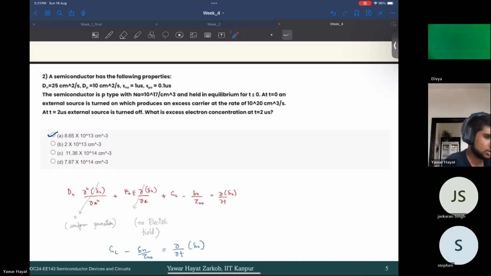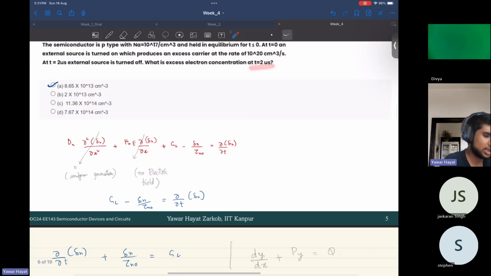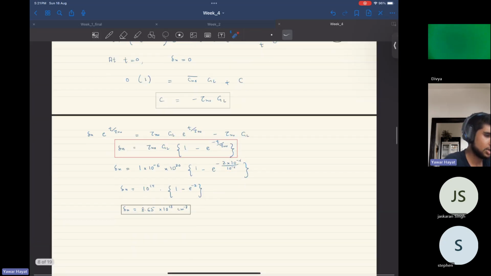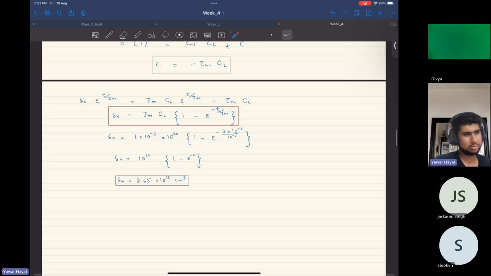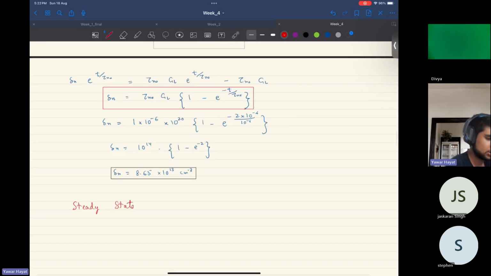What about the case when t approaches infinity, the steady state? What would be the value of delta n of t as t approaches infinity? Can anyone write in the chat? Although it's not asked in the question, what will happen in steady state?